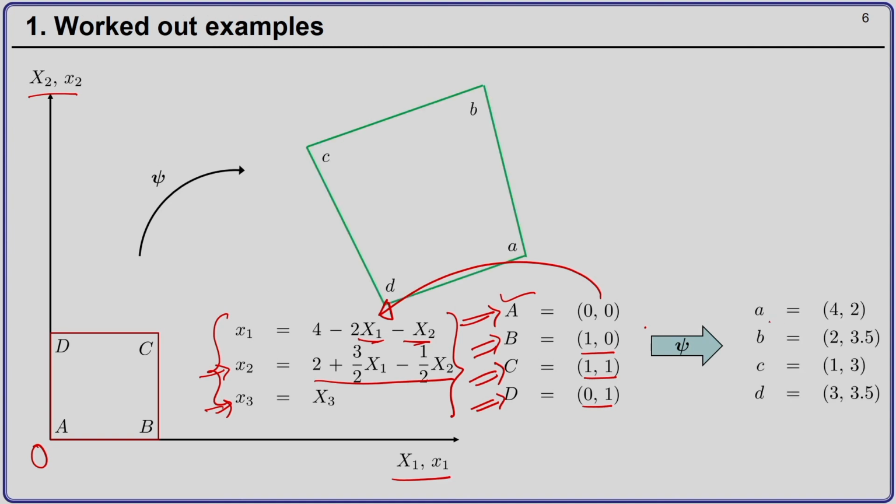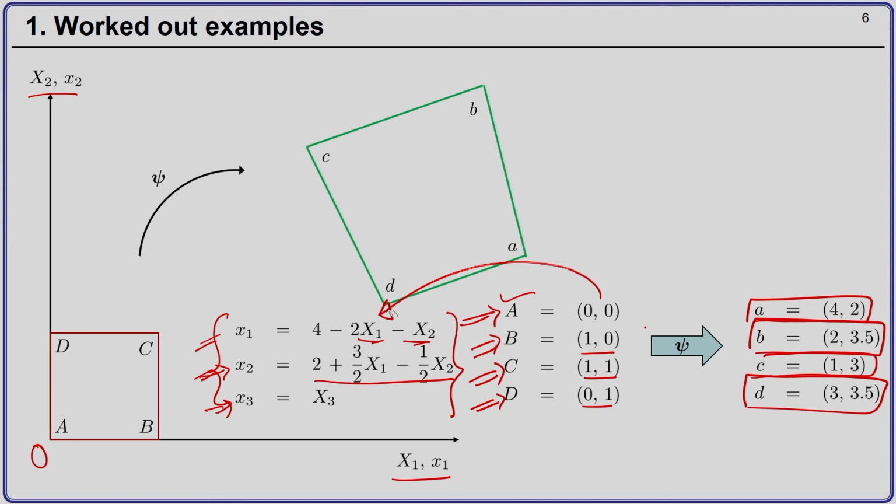The current location of point A is 4 2, the current location of point B is 2 comma 3.5. You can substitute 1 0 in these two equations and get the current positions. Similarly, point C will go to 1 3, and point D will go to 3 comma 3.5.